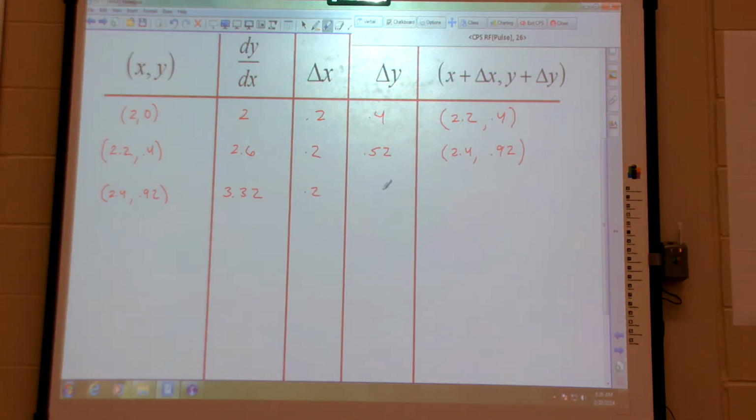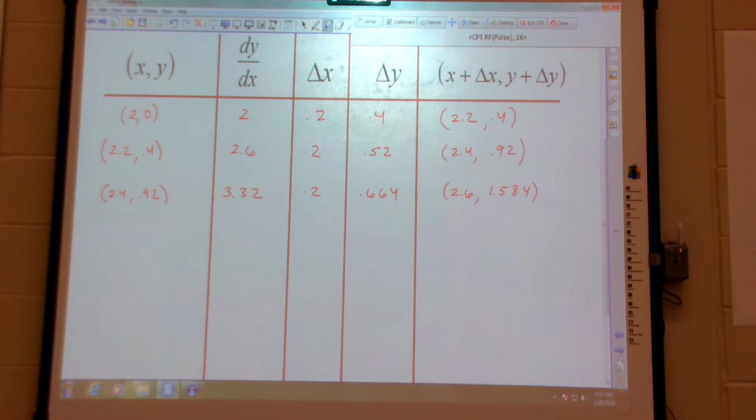What will I get when I multiply those? Go ahead and use them. We're trying to get this done. 0.664. So my new x is 2.6. What's my new y? 1.584.